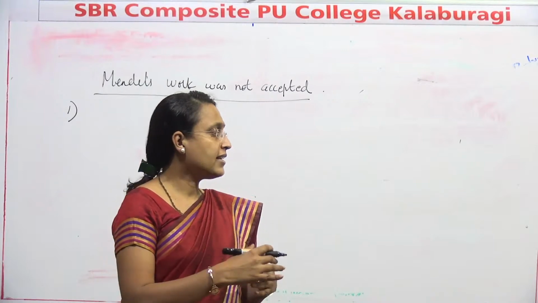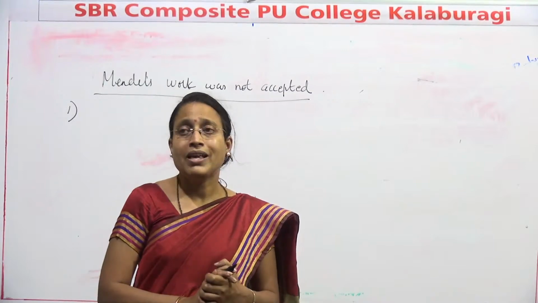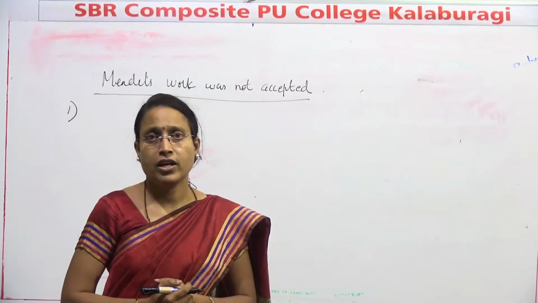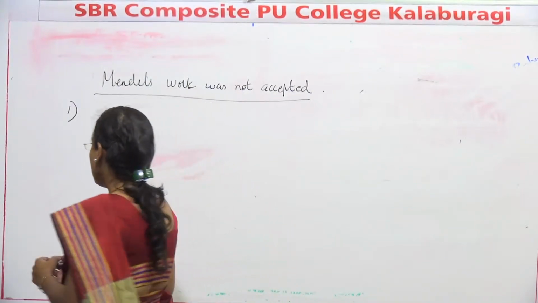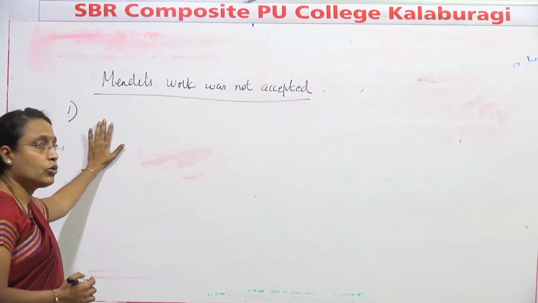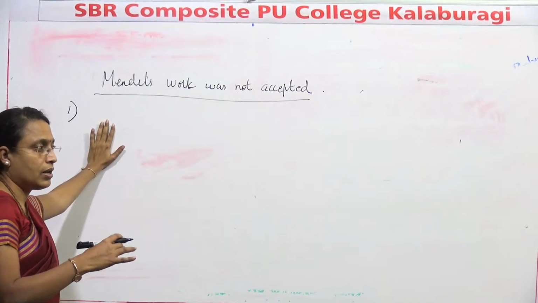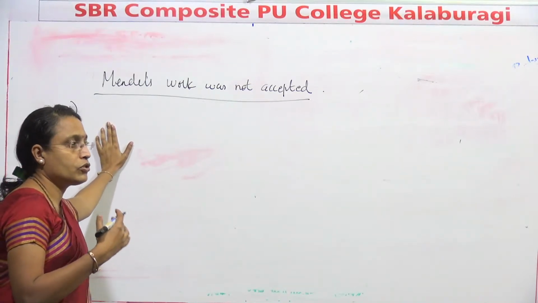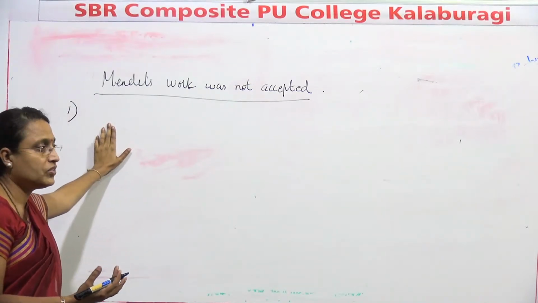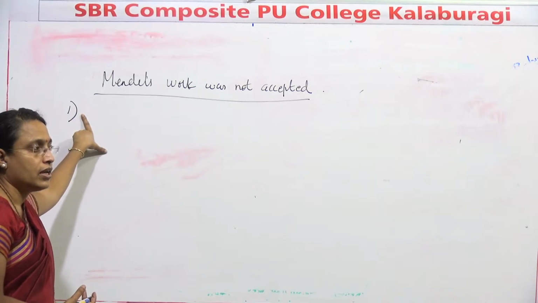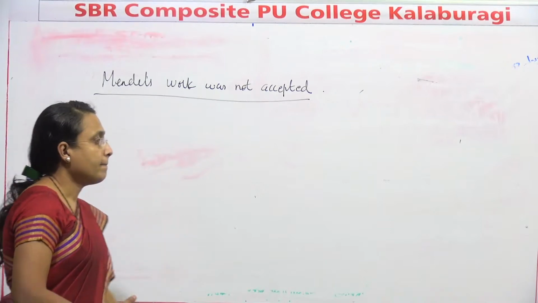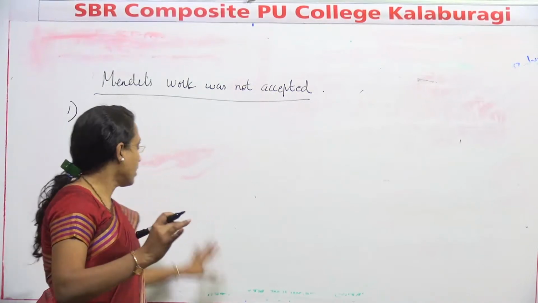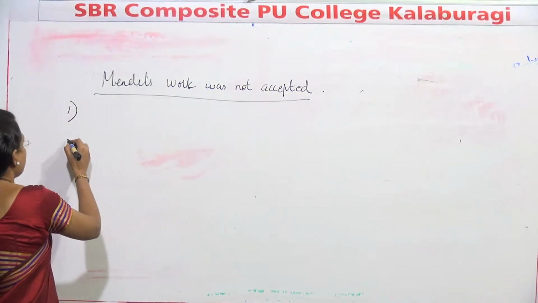So when the circulation isn't wide, it means many people will not know about his work. So that means here what you should know is that the publicity was not wide enough. That is the first point which you should know about Mendel's work. Okay, so that is related more to publicity.